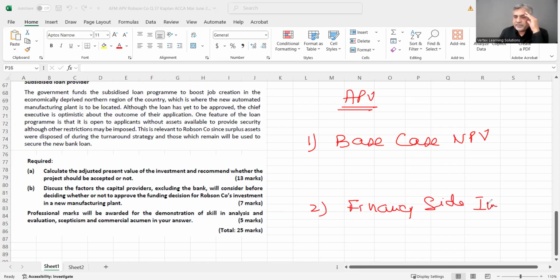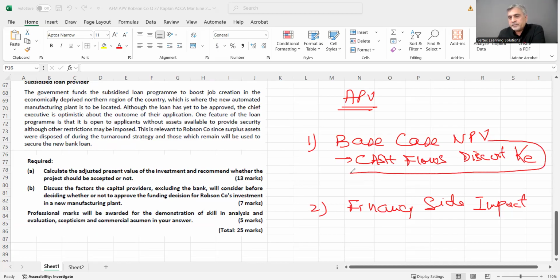Now, what does that mean? Base case NPV means that you take your cash flows, whatever are there, and you discount them using your cost of equity.